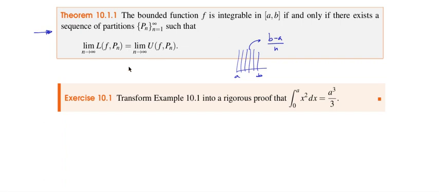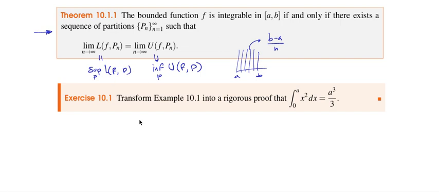So this is going to be equal to the supremum with respect to all partitions of L, and this is going to be equal to the infimum with respect to all partitions of U. If those things are the same, the function is going to be integrable.